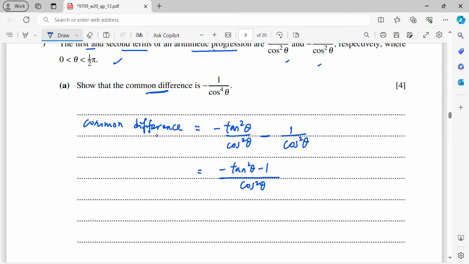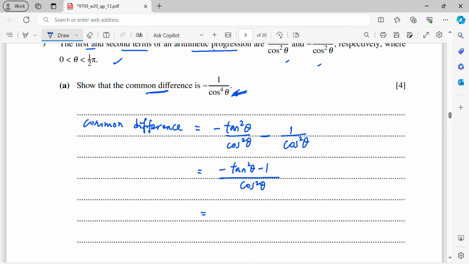Now you need to get cos to the power 4. So from here, I will say tangent squared theta. Basically, if you want to make it to this form, no problem. Or another method is you can just change to power 4, because here I have power 4.